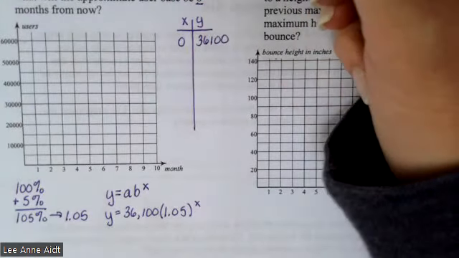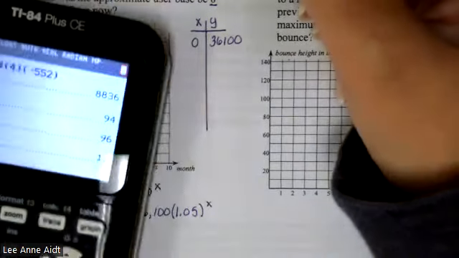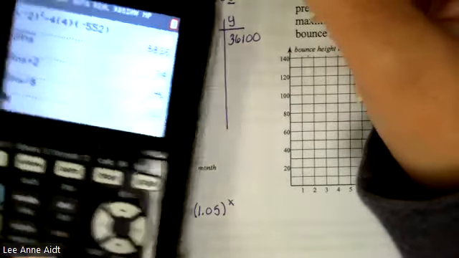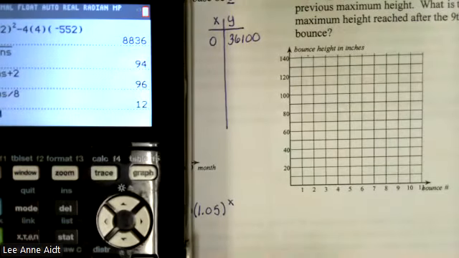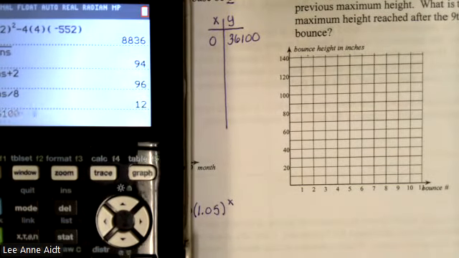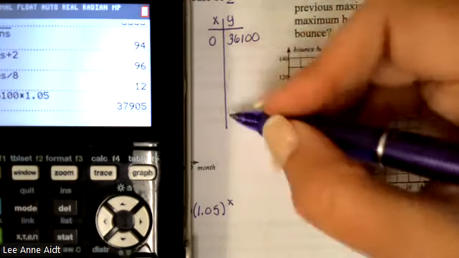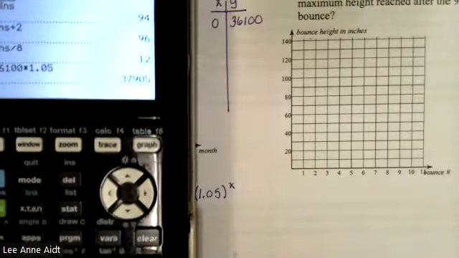Okay, you guys can do this part on your own. So I'm just going to take the start of 36,100 and multiply by 1.05. And I'm going to fill out my table down to the 8th year.